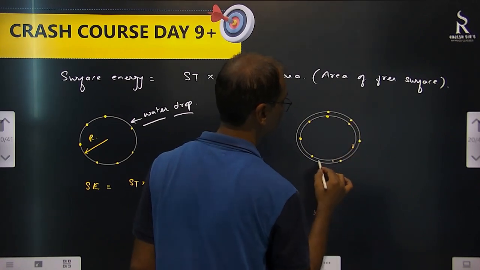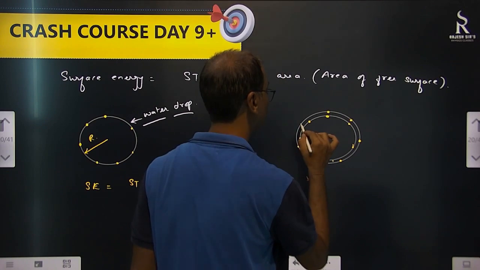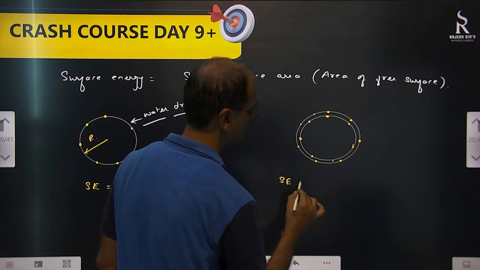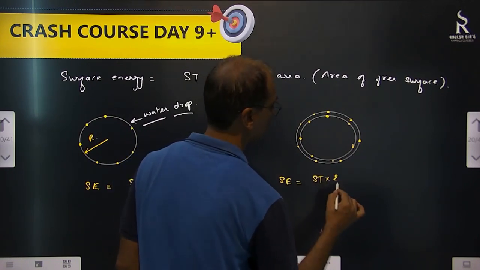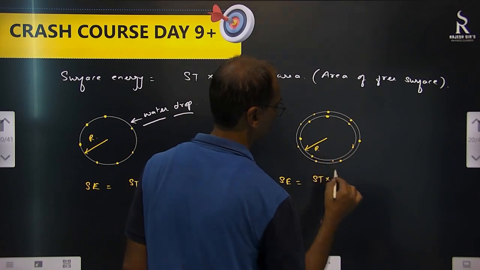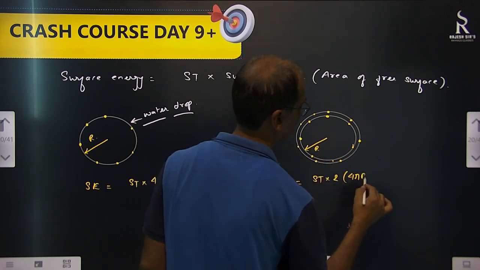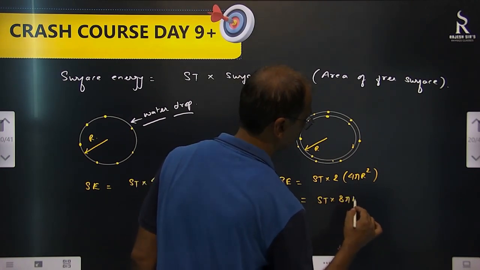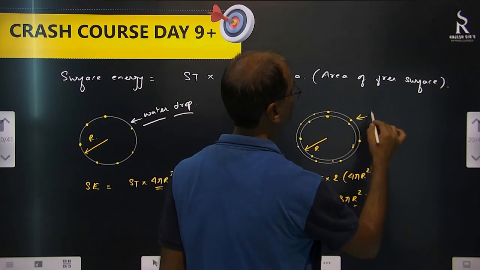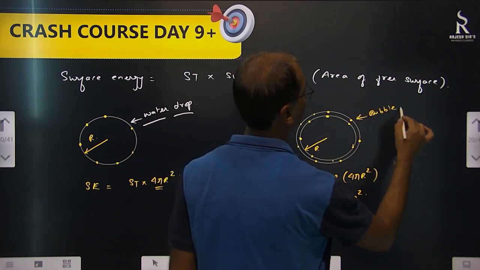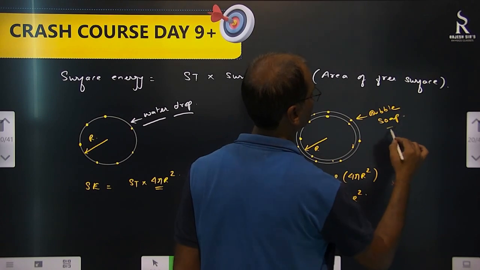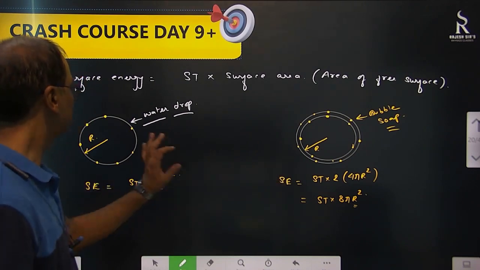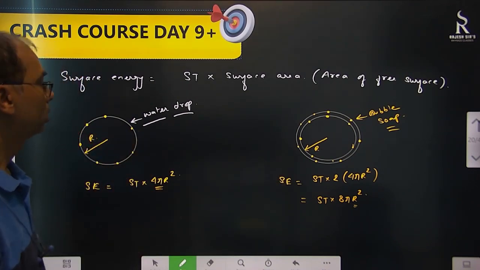So in this one, surface energy will be associated with both surfaces. Surface energy is going to be surface tension into 2 into 4 pi r square, if its radius is also r. That will become surface tension into 8 pi r square in a bubble. So surface tension into 8 pi r square for a bubble and surface tension into 4 pi r square for a drop.